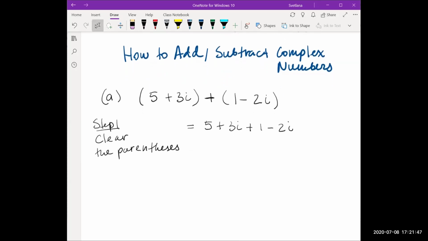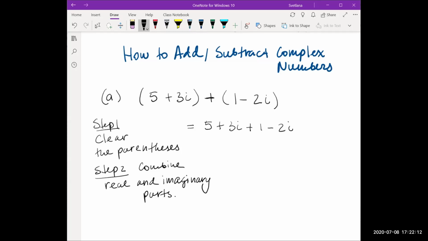After you remove the parentheses, the next step is to combine real parts and combine imaginary parts. What are the real parts? The real parts are 5 and 1.